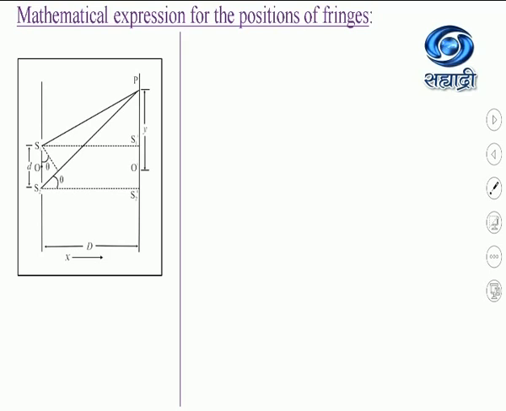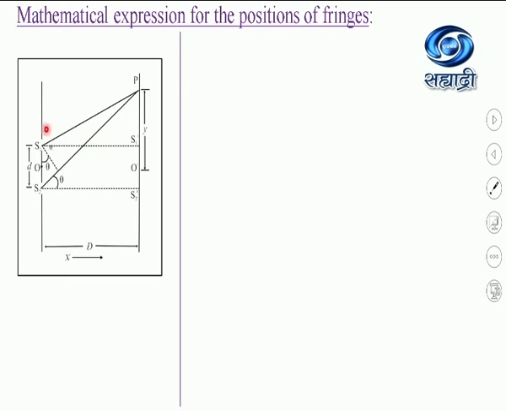So we are considering the cross section of the experimental setup. Here the opaque screen is shown and the waves from the primary source S are incident on two slits S1 and S2. So S1 and S2 are two narrow slits which act as two coherent sources of light, and they are the secondary sources of light, so they emit light waves in the medium.